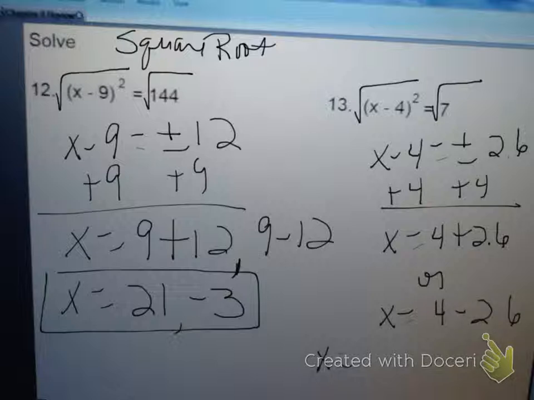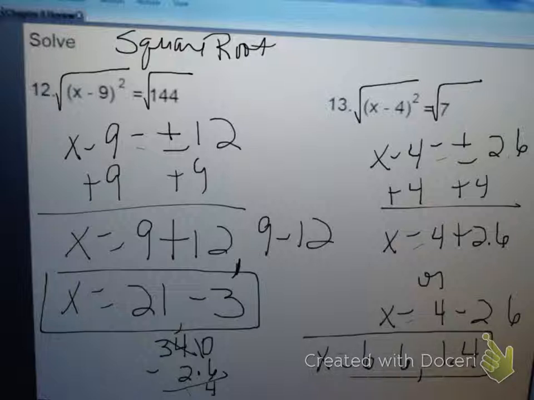So when I add 4 plus 2.6, I get 6.6, and then 4 minus 2.6. Now make sure, if you're going to do this, that's 4.0 minus 2.6. That's 1.4. And there are your two answers.